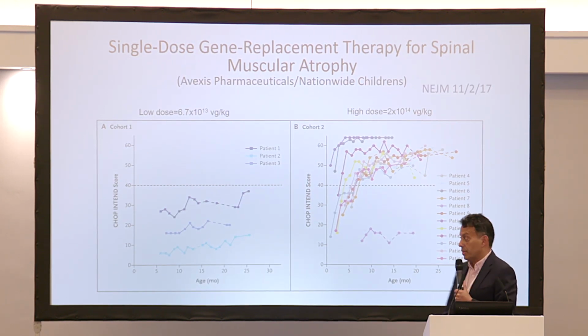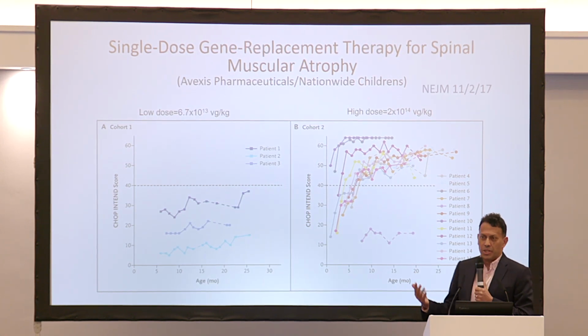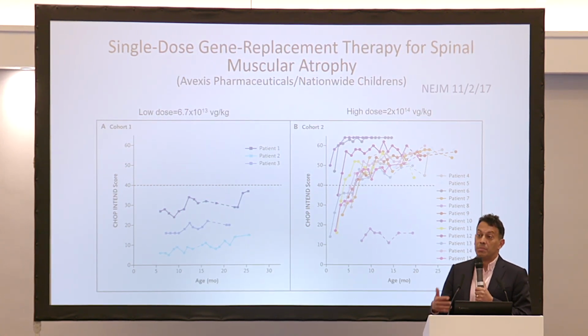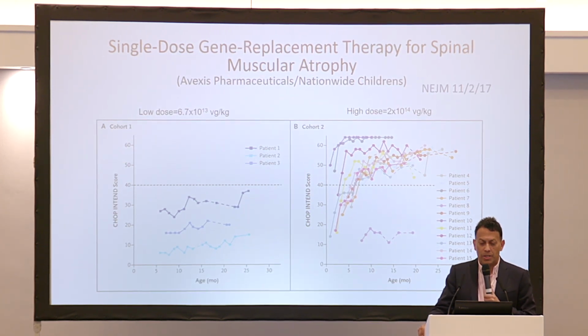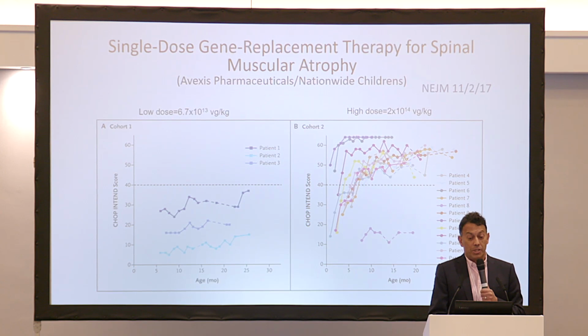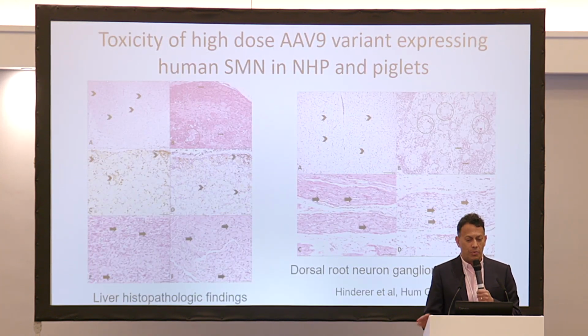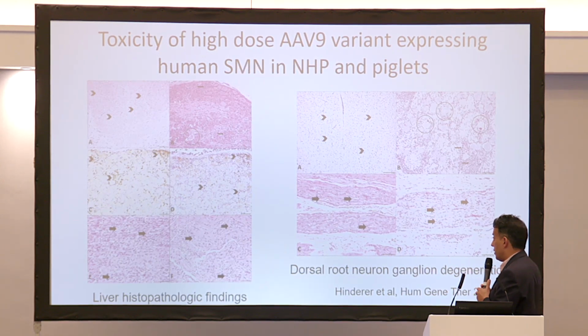And here are some of the early successes in SMA, where they were showing that these children that were never able to sit up, stand, walk, were now making tremendous strides, walking, running, doing things that had never been seen before. So efficacy was there for SMA, but there was also the recognition that AAV gene therapy came with some side effects.